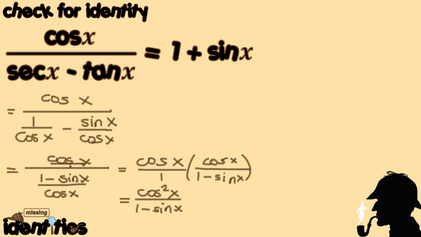Of course, let's place this as our final form here. Our original equation will be transformed to this: cosine squared x over 1 minus sine x is equal to our original right-hand side, 1 plus sine x.